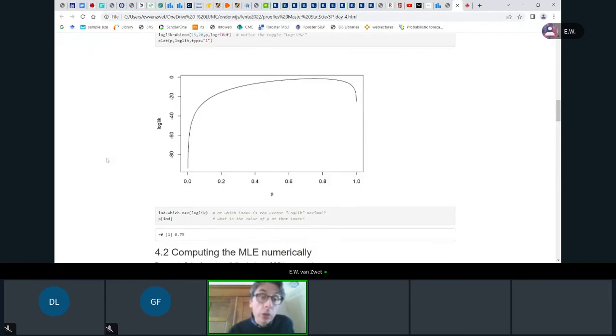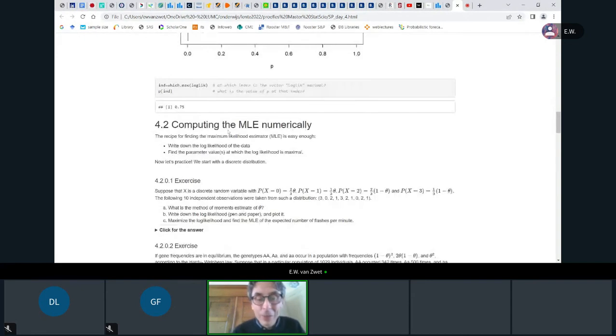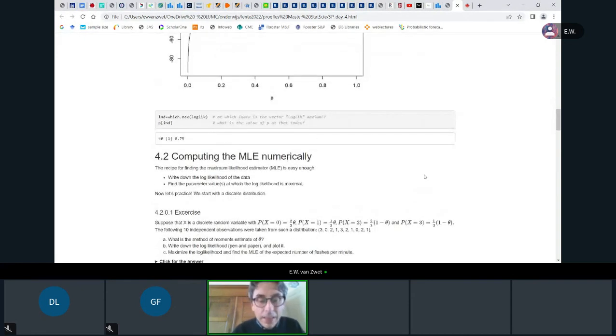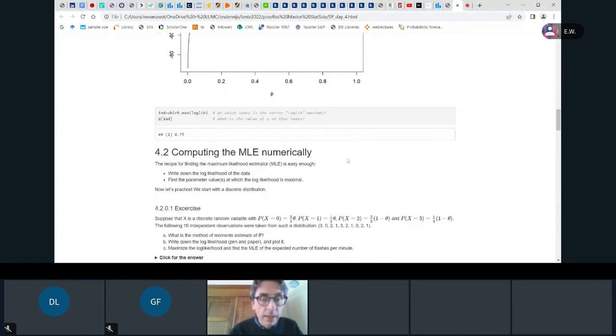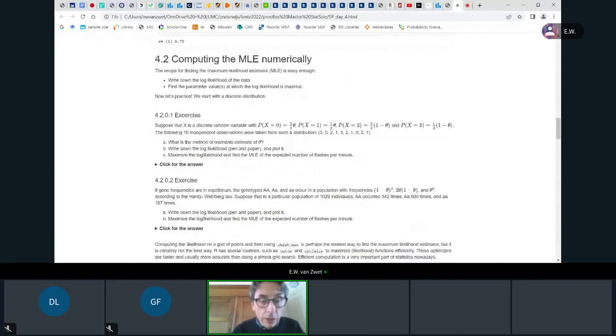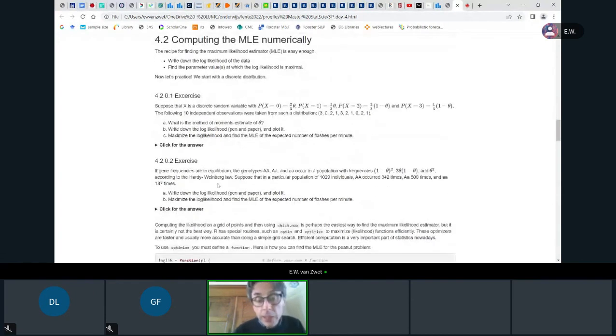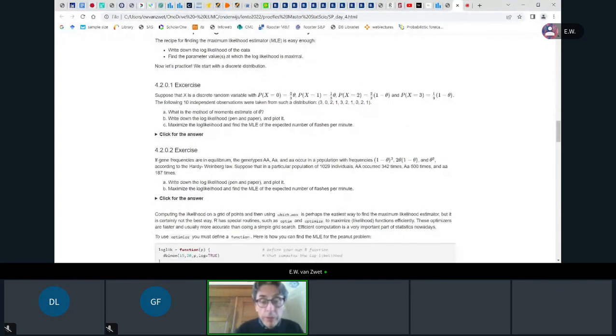This is a whole course, actually, for one day, what I just explained to you. And then there'll be a whole bunch of exercises. These exercises are all little stories. If gene frequencies are in equilibrium, genotypes big A, small a, and small a occur in a population with certain frequencies that depend on one particular parameter. That's called the Hardy-Weinberg equilibrium law.